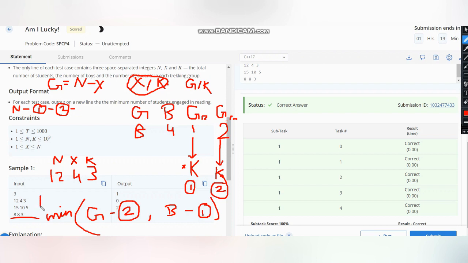Let the number of pairs be P, the minimum of those two values. So P multiplied by 2, because it is a pair, so we need to multiply by 2, and this whole value would be the answer to our problem.